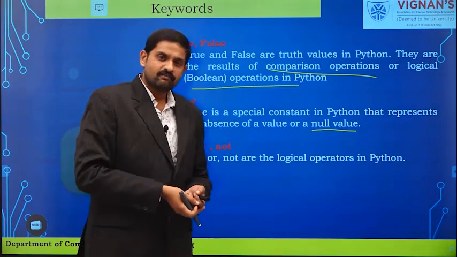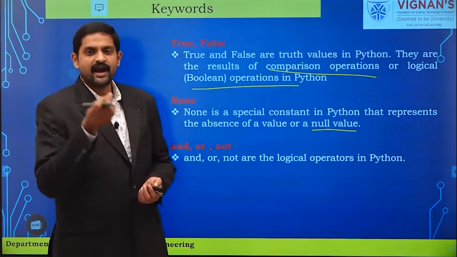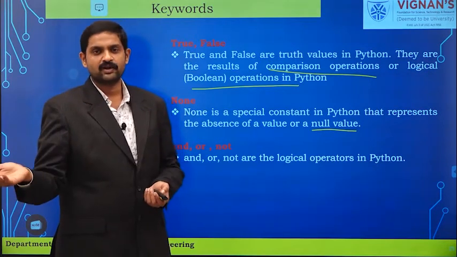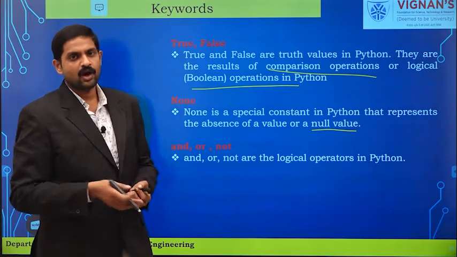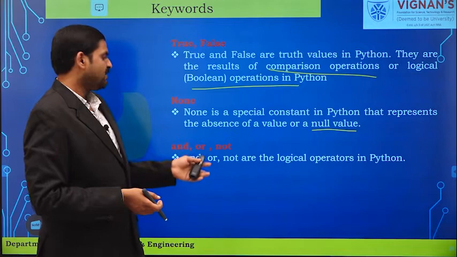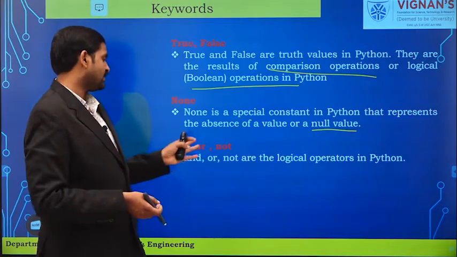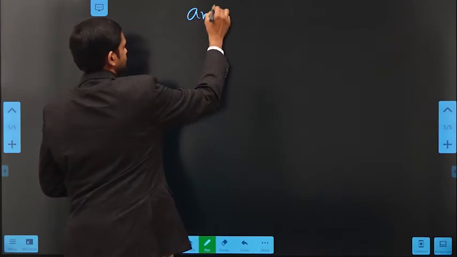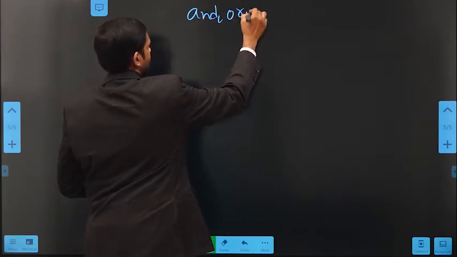If the AND gate inputs are 1, 0, then the resultant output is 0. You all know those truth tables. Let me explain a small piece of code for the keywords and, or, not.